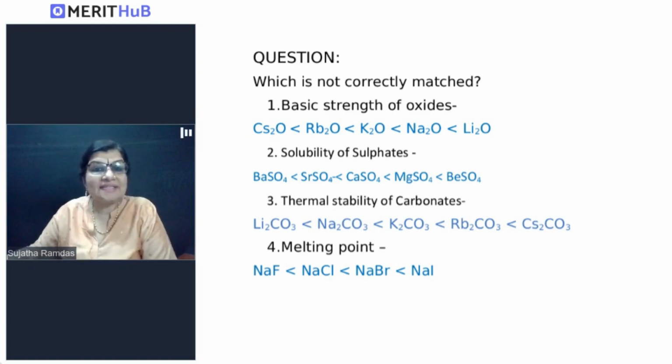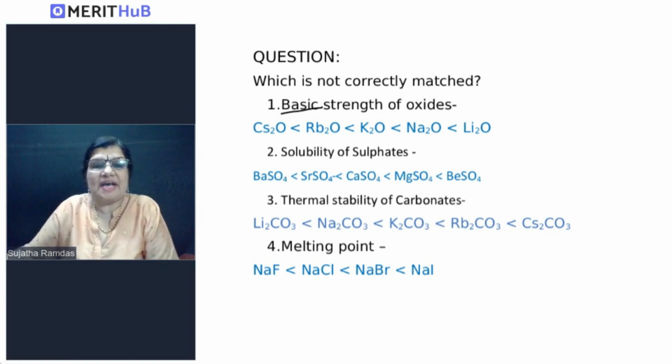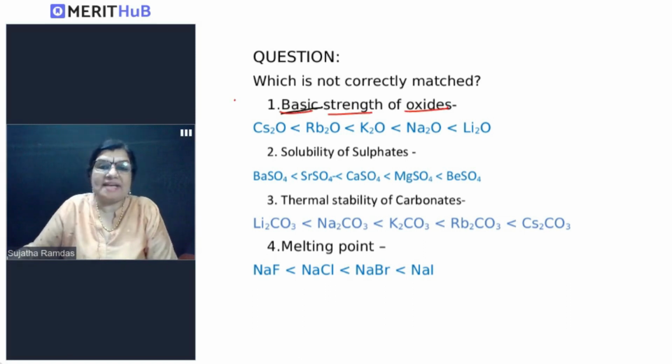Okay, so let's understand each of these properties, after which we will identify which amongst these comparisons is correct or wrong. Let's first focus on the basic strength of oxides. Basic strength of oxides, and these are group 1 metal oxides.